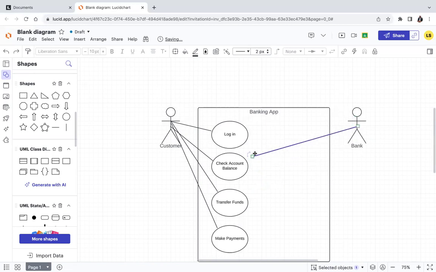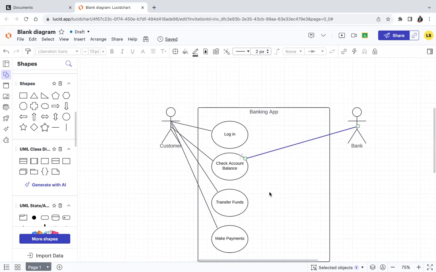Okay, let's do this. Yeah, the bank will check the account balance. When the customer checks the account balance, the bank is the one that is going to respond by giving that balance that it has for that particular customer.